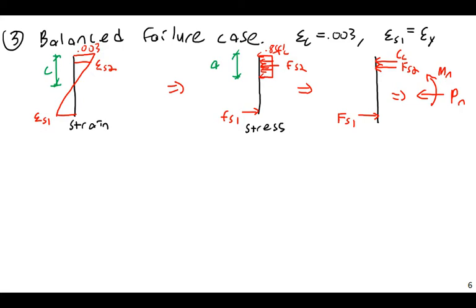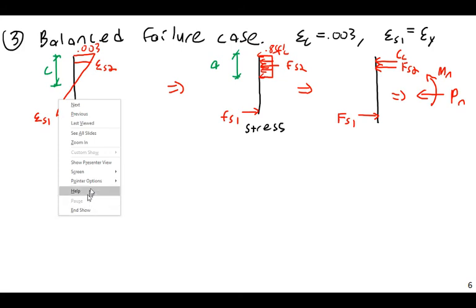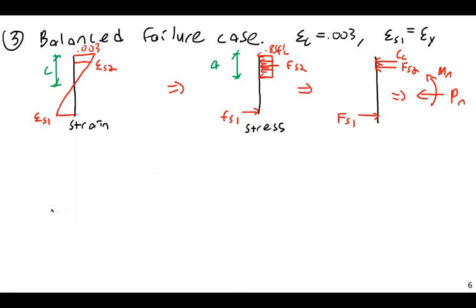If the stresses are like this, what kind of equivalent point forces do we get? And once we have those equivalent point forces, what are the resulting axial force and moment that will produce those internal stresses and strains? Okay, so let's run through this. And the rest is just math. Famous last words.